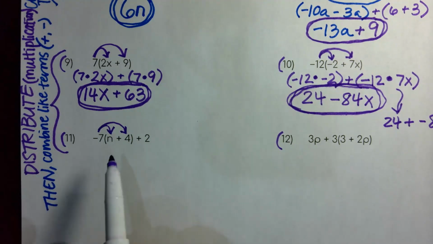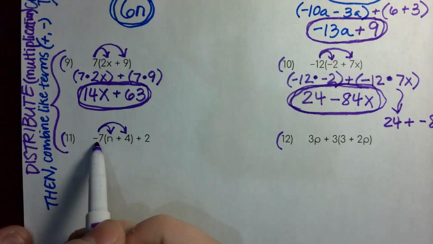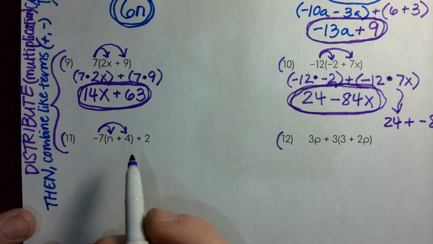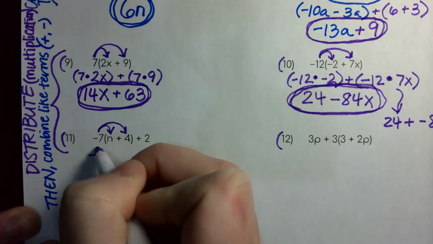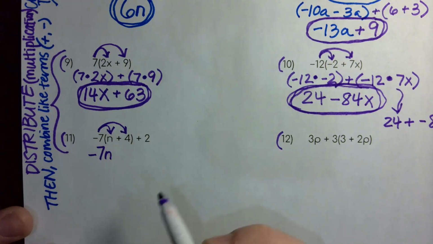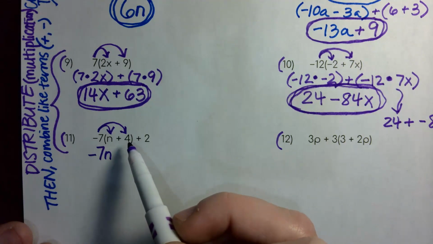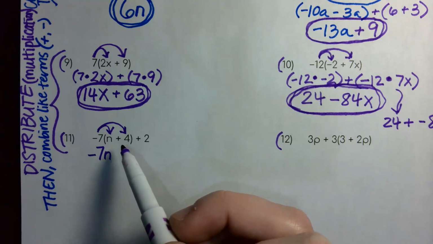Okay, so we have negative 7 times n. What is that going to give us? Negative 7n. And then we have negative 7 times positive 4. What's that going to give us?